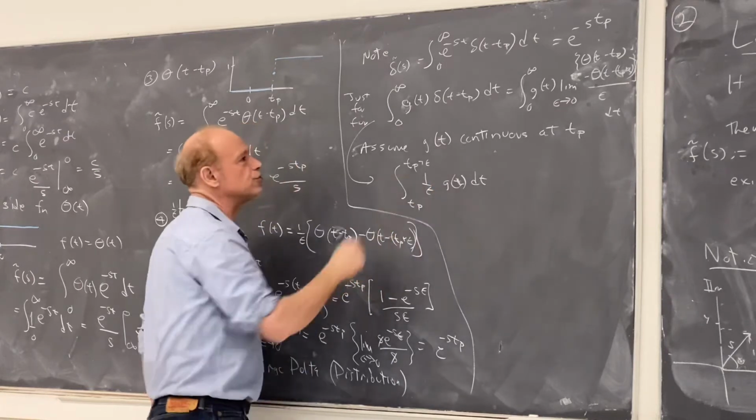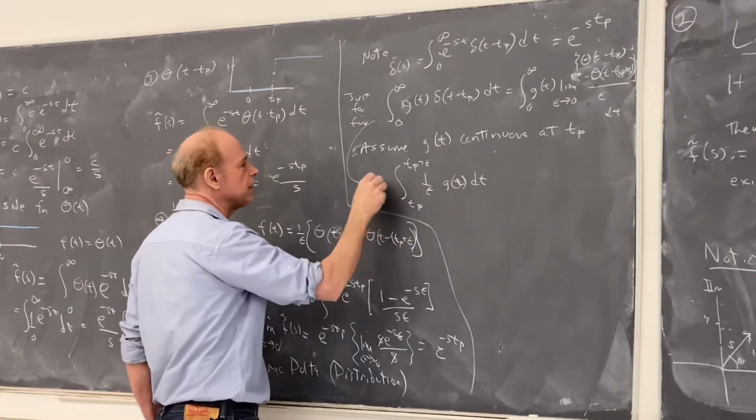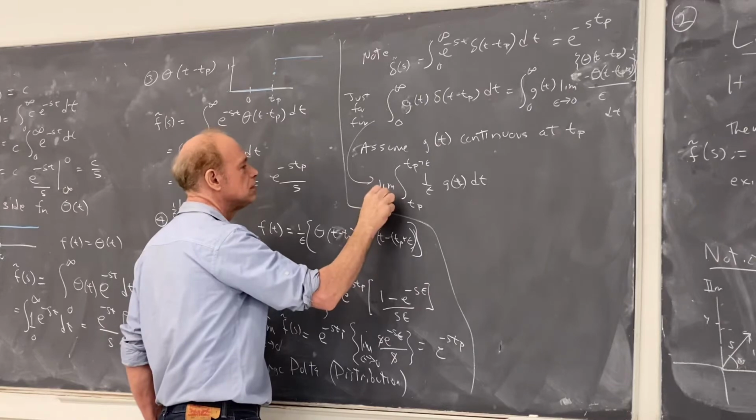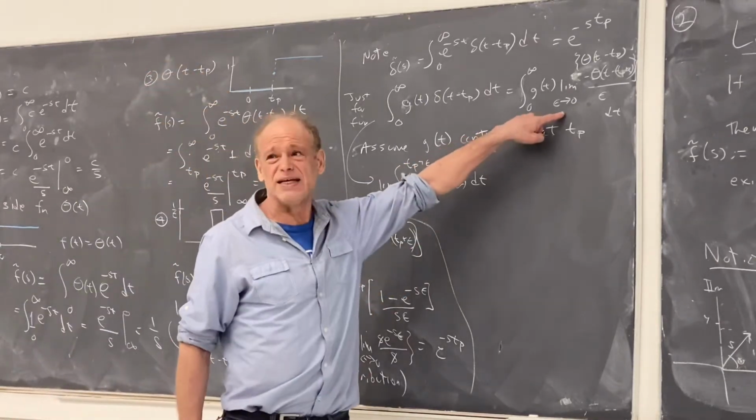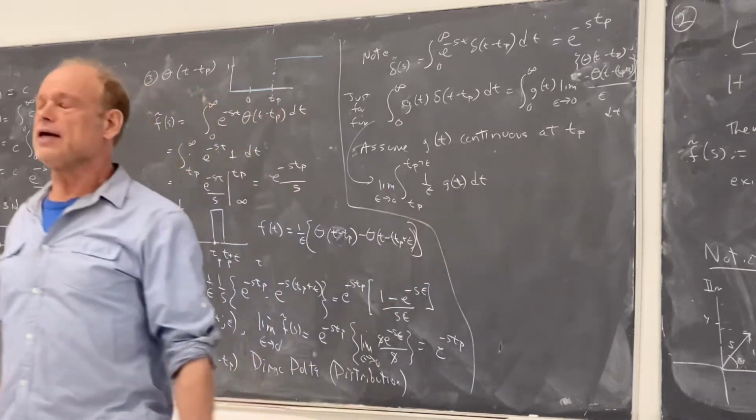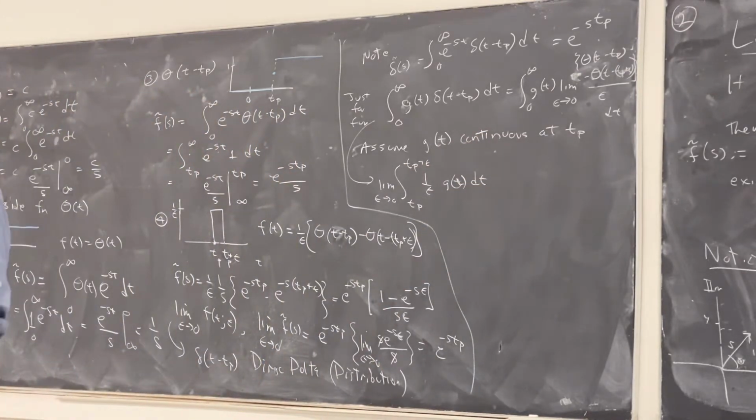And what I'm going to do is pull the limit outside of the integral. Is that legitimate? The limit was inside the integral. An integral itself is a limit, so I'm switching the order of taking the limits. It is not obvious you're allowed to do that. In mathematics, you have to prove that you can do that. Sometimes you get the wrong answer.